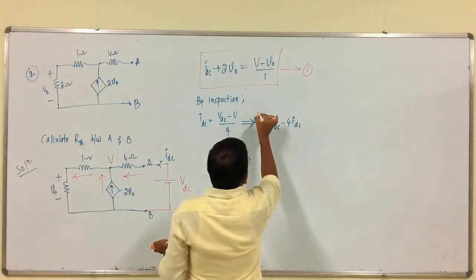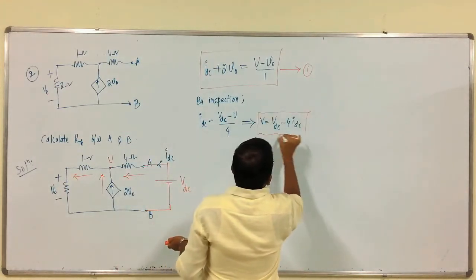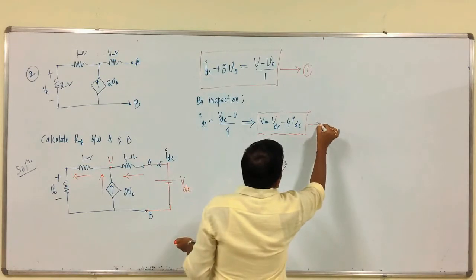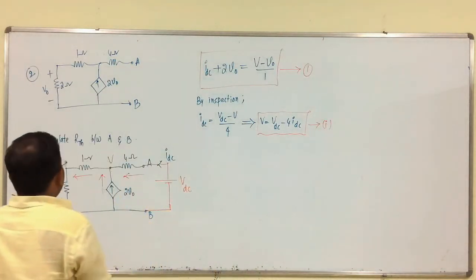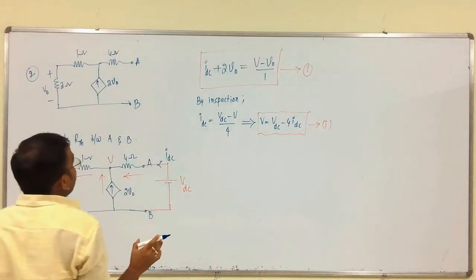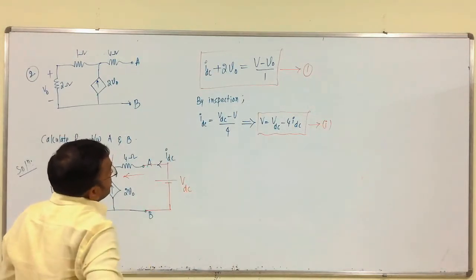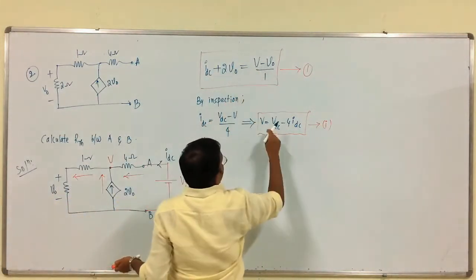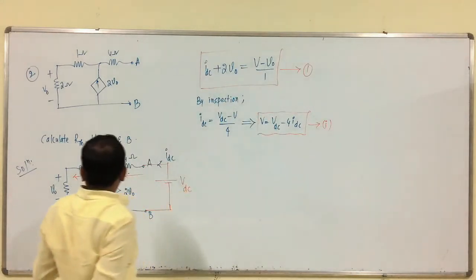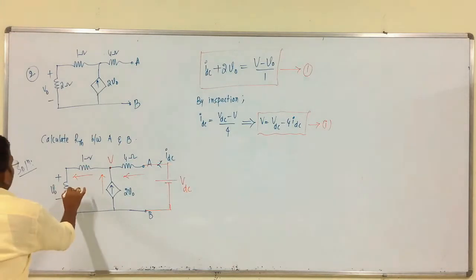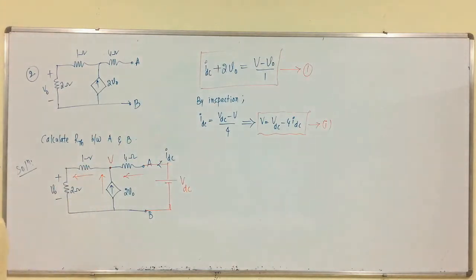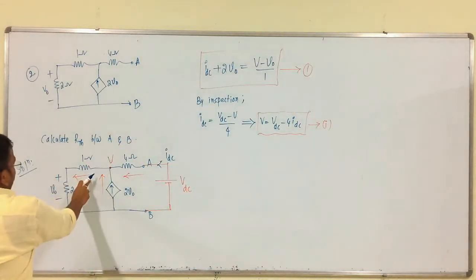From this, we have to get V naught. So, in this equation V is completed, then V naught. To get V naught, see, this is 2 ohm. So, the current in this branch is what?